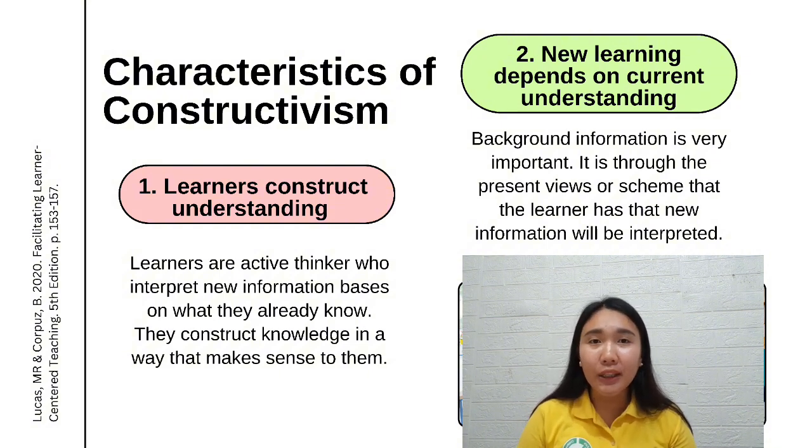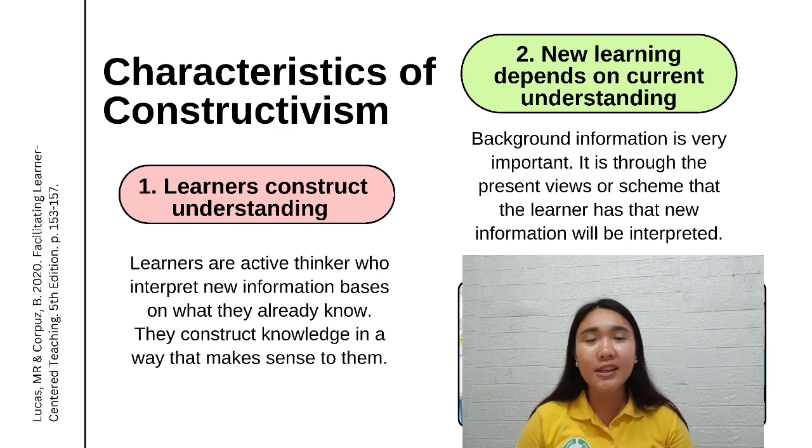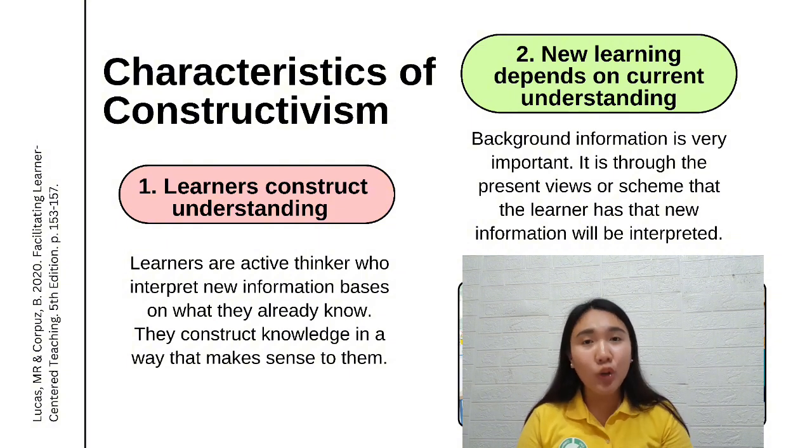For example, imagine a student learning about photosynthesis. If they already understand basic biology concepts like plants needing sunlight, water, and air, they can easily grasp the process of photosynthesis. However, if they lack this fundamental knowledge, the concept might be much harder to comprehend.